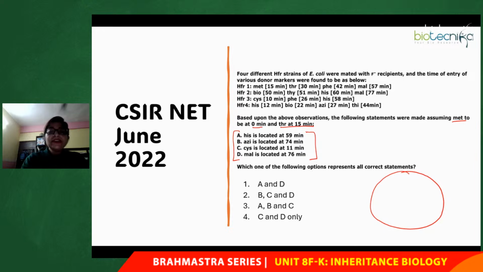So for HFR1, MET is going first, so let's just put MET here. After MET there is 3O, then there is PHE, then there is MAL. Now, what is the time lapse between each of them? 3O is going at 30 minutes, MET at 15, so the distance between them will be 15 minutes, 30 minus 15.